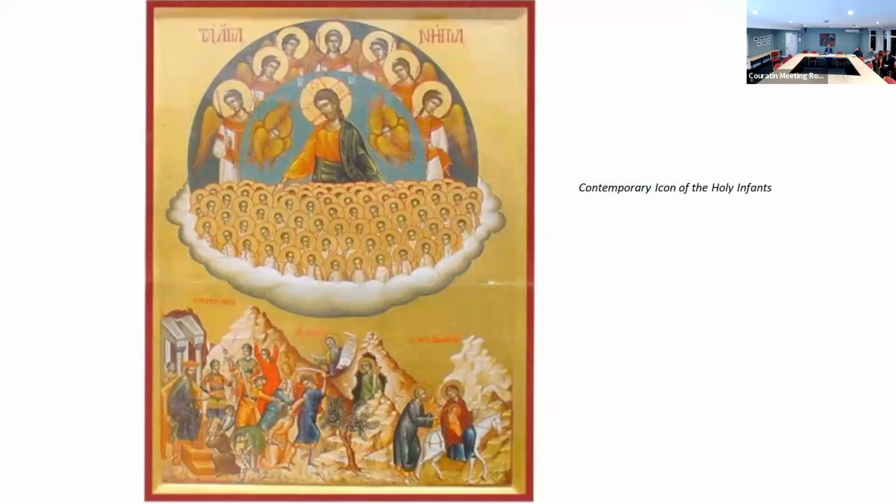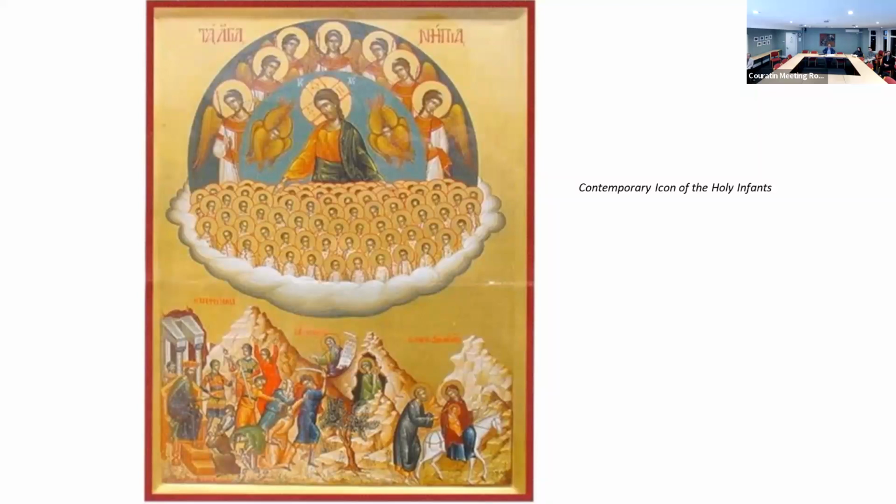So here's a contemporary Byzantine icon of Hagia Napia, the holy infants, where the infants are glorified in heaven. This is a band of martyrs who are reigning with Christ in heaven and also witnessing what has been taking place on earth.